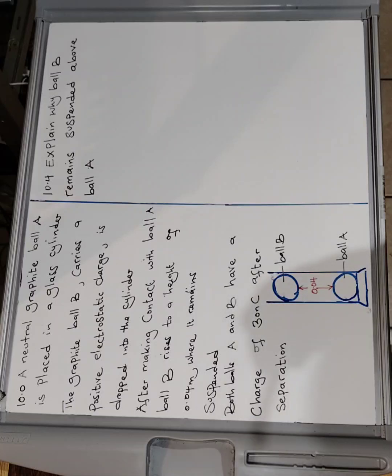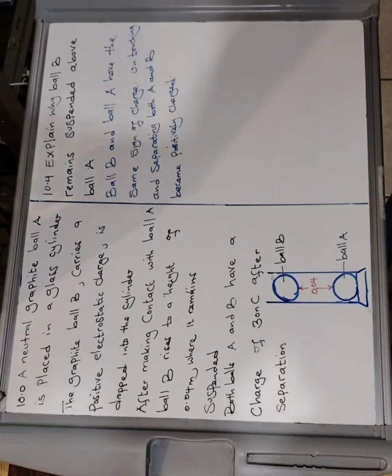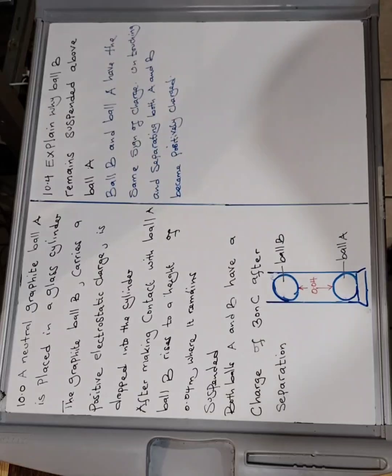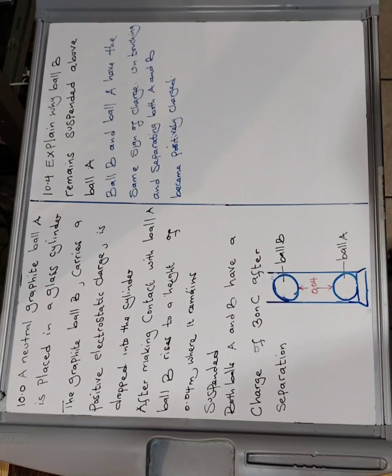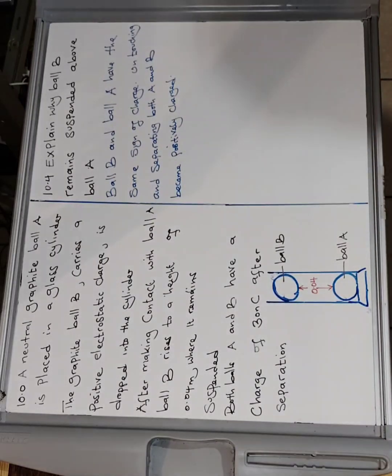So what is keeping it suspended is the repulsive force between ball A and ball B, since they have the same charge. Okay, let's put that down. Ball A and ball B have the same sign of charge. On touching and separating, both A and B became positively charged. So they repel each other.